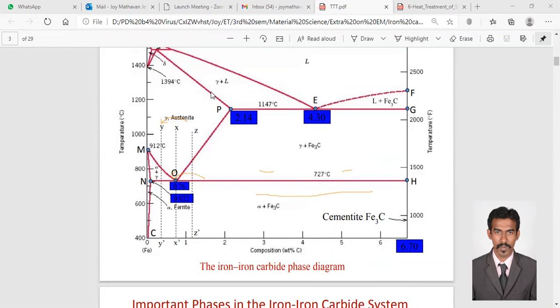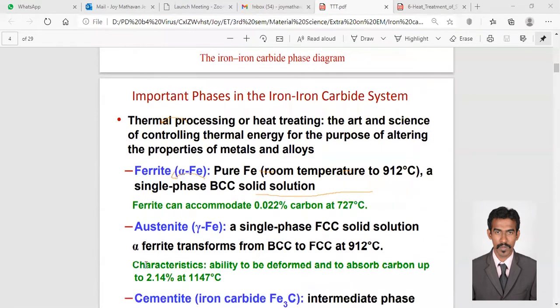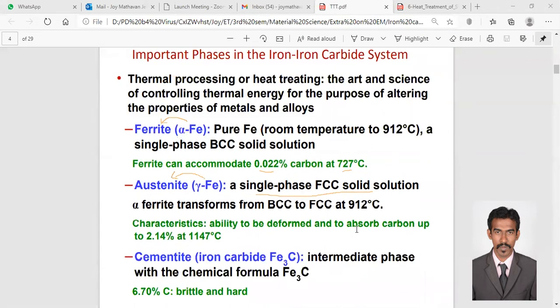They are mixtures, so that's why it's mentioned single phase FCC solid solution, which will transform from BCC to FCC. When it is going from alpha to gamma, that transformation is BCC to FCC. That will occur at 912 degrees Celsius.